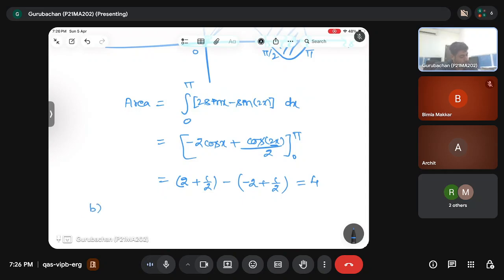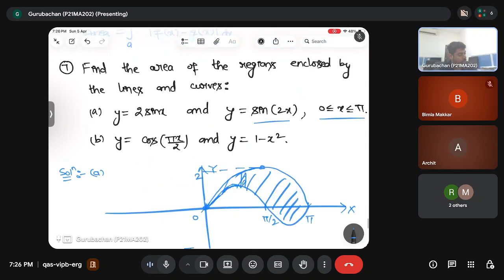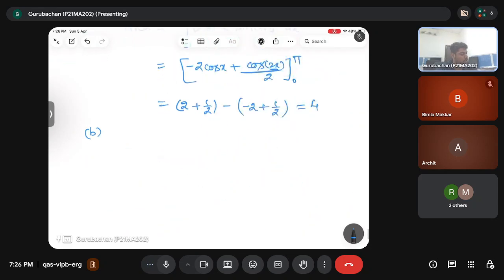So the B part, it is quite difficult to draw or see these graphs. 1 minus x square and cos pi x by 2.